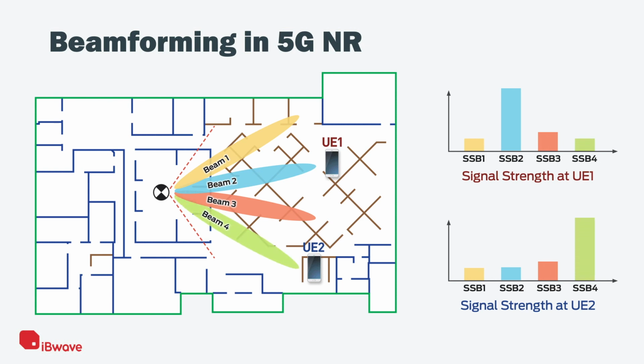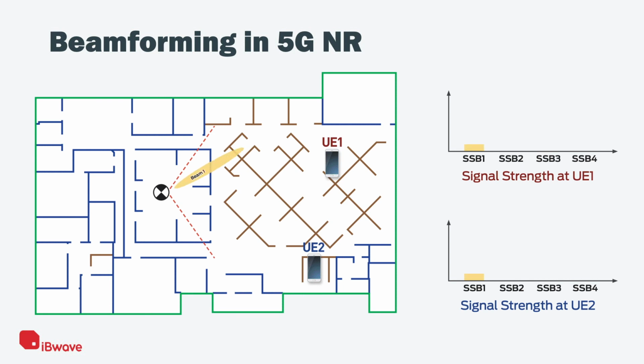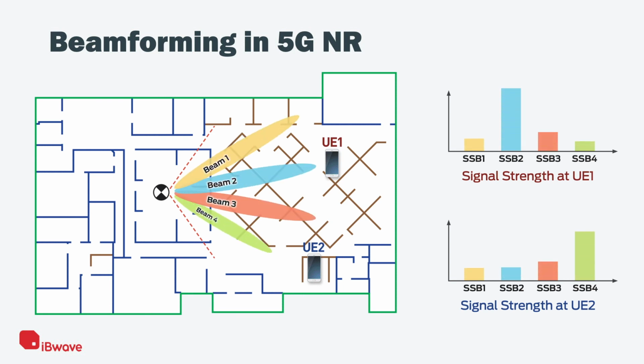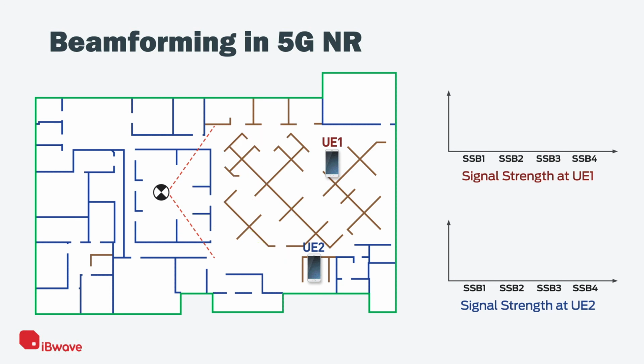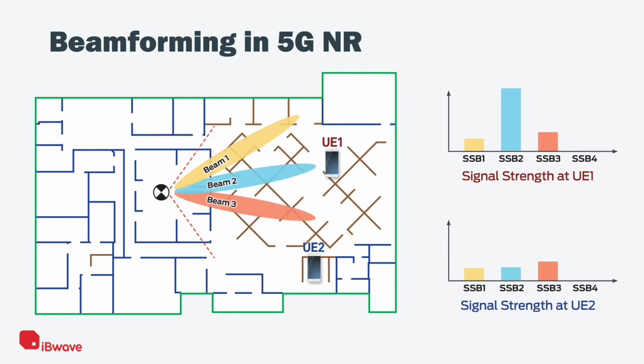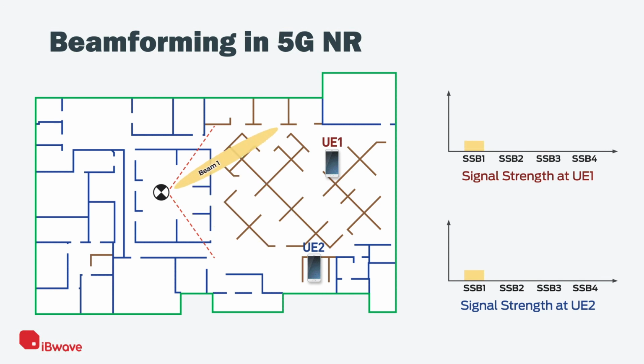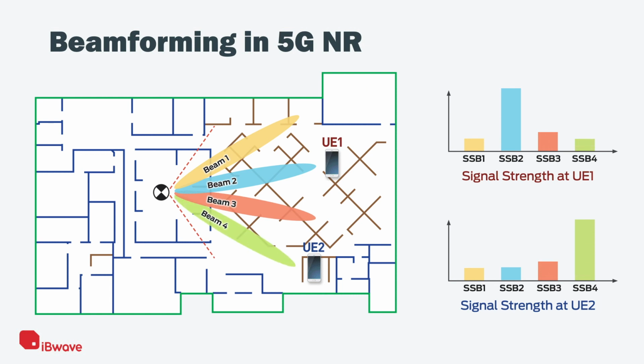The implementation of this is like when you can consider that all these beams are transmitted in time sequence. For instance, let's suppose that beam 1 is transmitted. UE1 will receive this beam and UE2 also will receive this beam, but because they are not in the orientation of the beam, this will be a very low signal for both UEs.